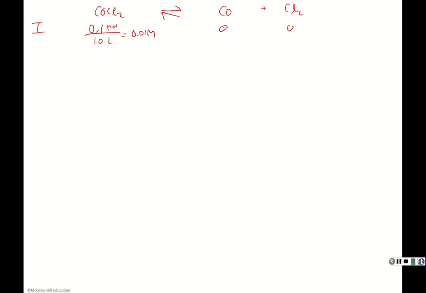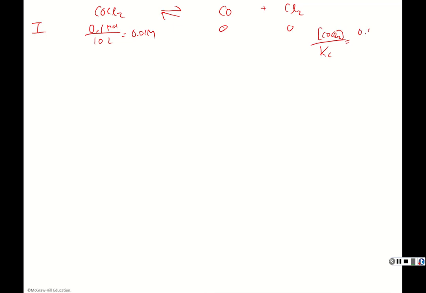And we don't have any of these products to start. And how do we know that we can't use simplifying assumptions? Again, you compare your initial concentration divided by your equilibrium constant.